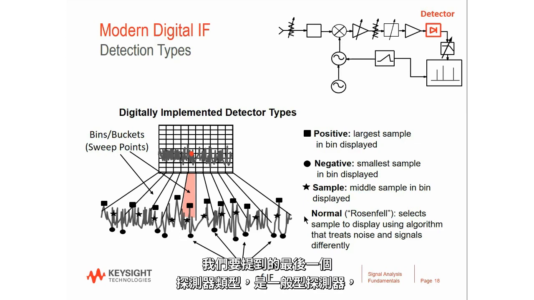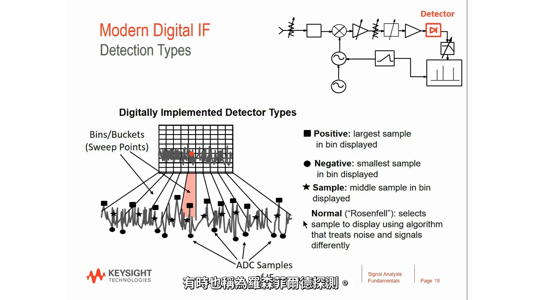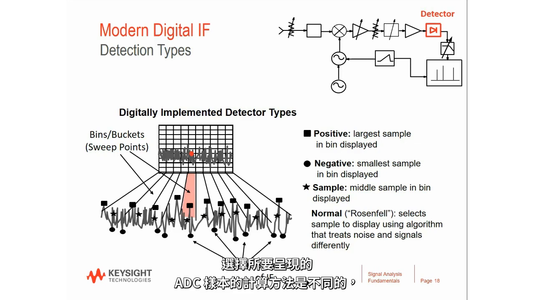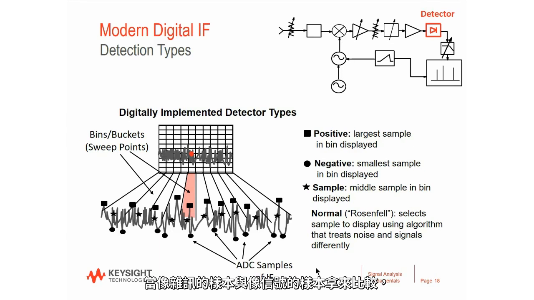The last detector type that we'll mention here is the normal detector, also sometimes called the Rosenfeld detector. It's a little difficult to describe in detail, but at a very high level, let me just say that the algorithm that's used to select which ADC samples are put onto the trace is different when the samples are noise-like versus when the samples represent a signal that's present.